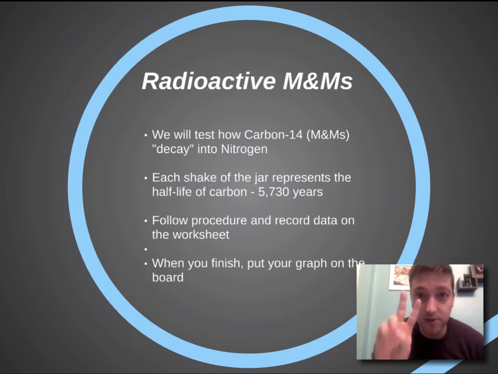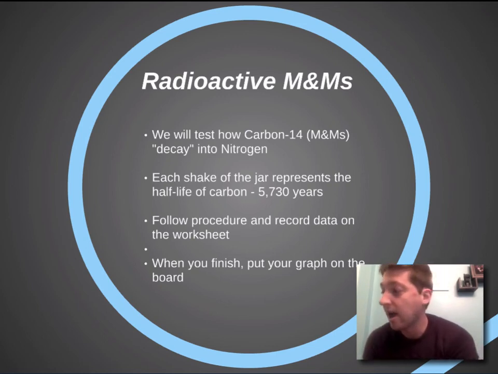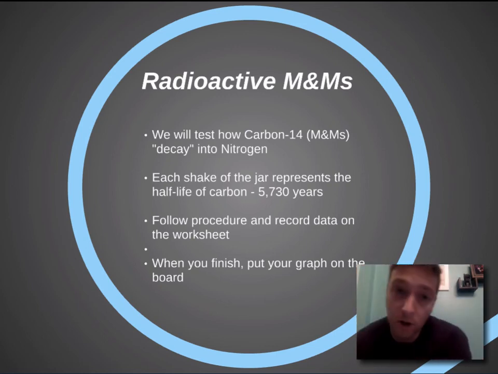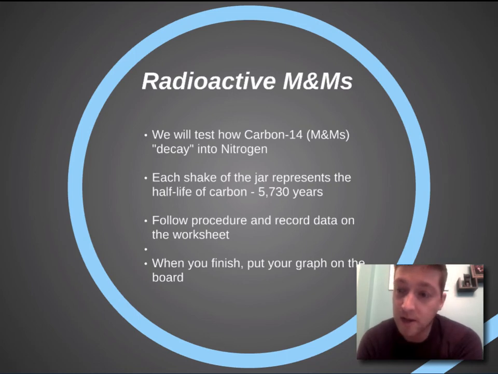Okay, so after 2 half-lives, I have 4 remaining carbons, and I believe it was 8 that turned into nitrogen from my 12 that I started with in the second round.